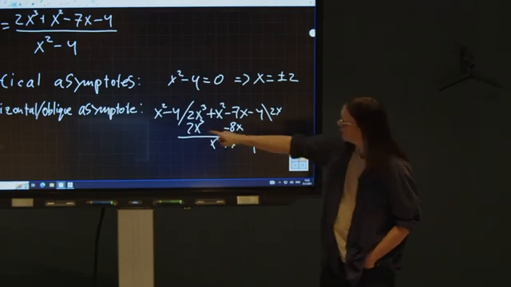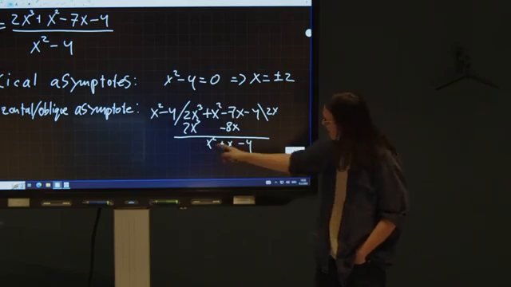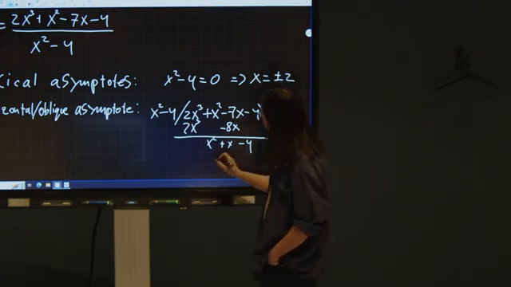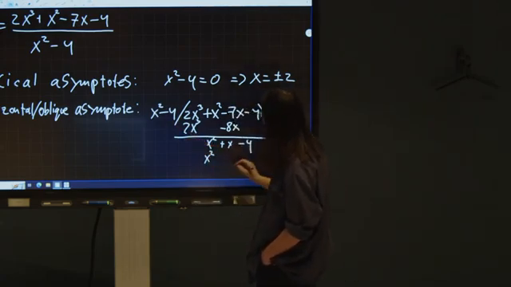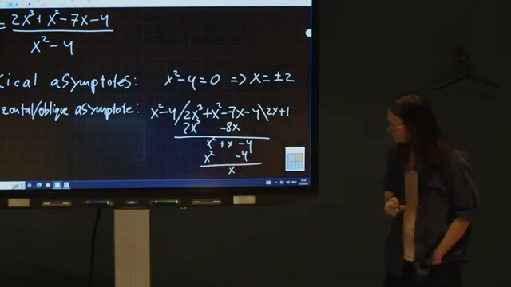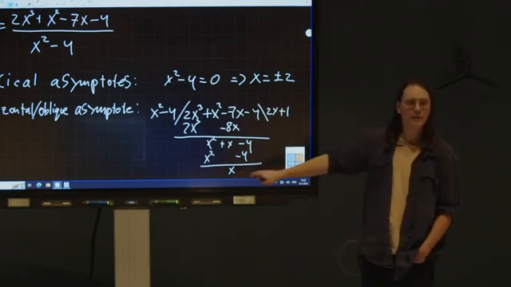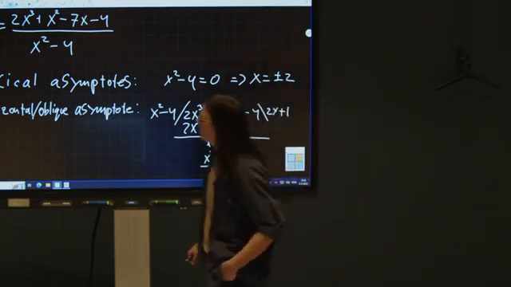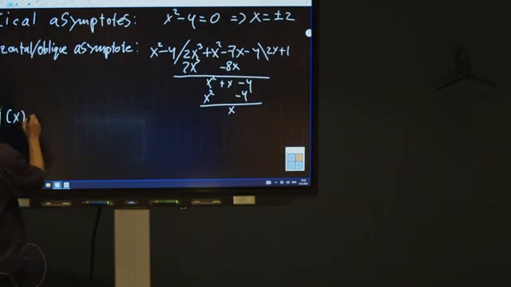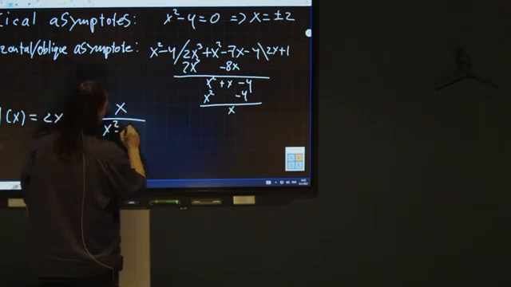Now I've got a quadratic here and a quadratic there, so I have to multiply by some constant, and it turns out the constant is 1, because I've got x squared and already x squared there. So just add 1 times x squared minus 4, and I'm left with just x. Now that's of lower degree than my denominator, so I can't continue anymore. It means that f(x) is 2x plus 1 plus x over x squared minus 4.